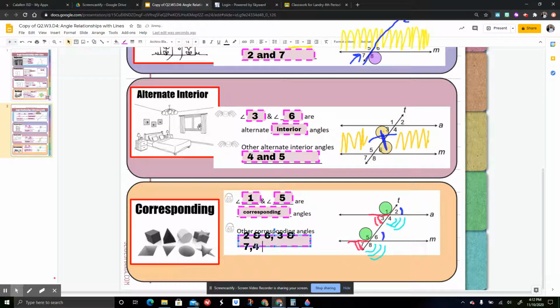And I'm going to have to redo the text box on this side so that it can fit. But I'm just going to go like that. So 2 and 6, 3 and 7, and 4 and 8. Those are my 3 other corresponding angle pairs.